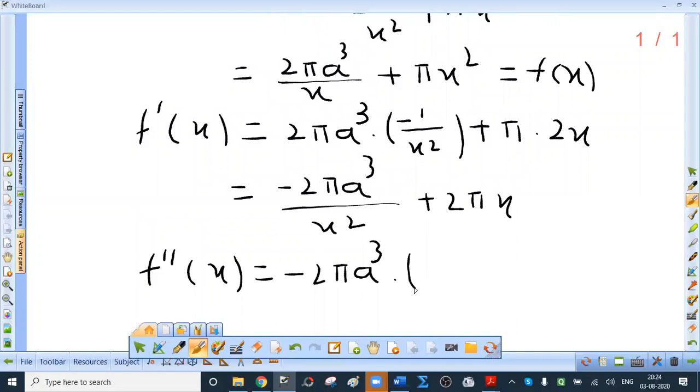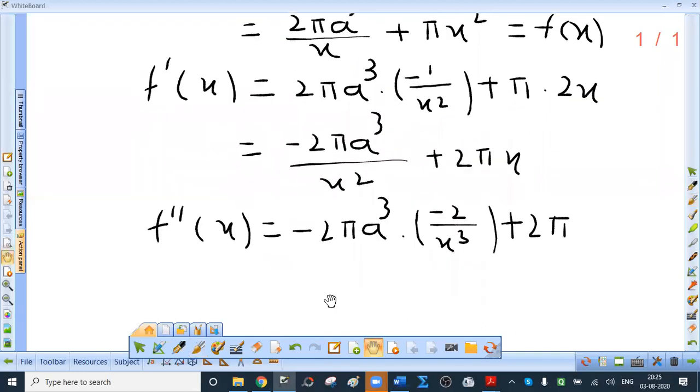So I will directly write minus 2 upon x cube. This is not difficult. Plus, what is derivative of 2 pi x? Derivative of 2 pi x is nothing but 2 pi. And therefore, what is f double dash of x? It is now 4 pi a cube upon x cube plus 2 pi.